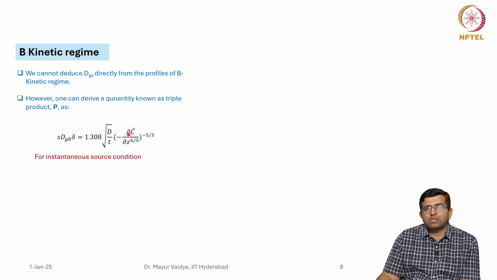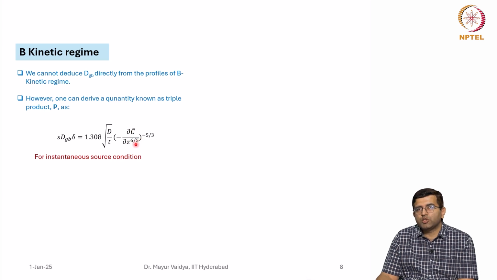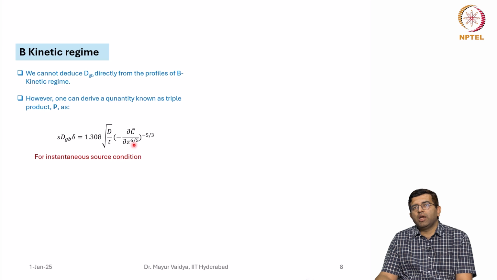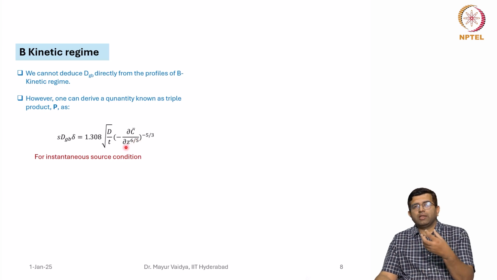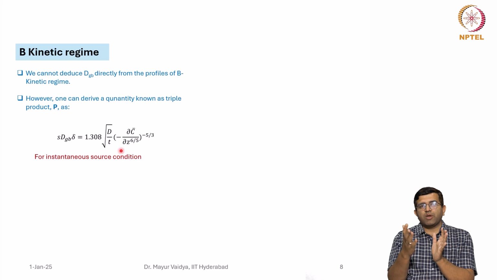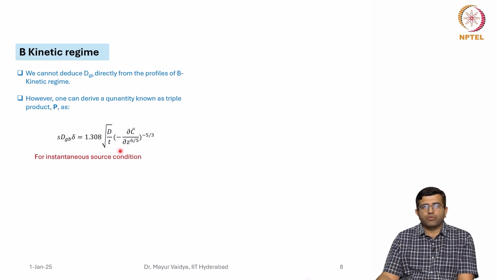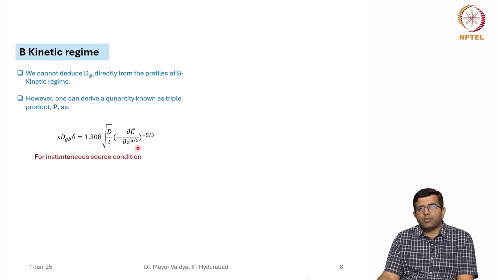Remember, it depends not on the slope of z square versus c, but on c bar versus z to the power 6 by 5. So, in the case of the grain boundary diffusion coefficient, here the z to the power 6 by 5 variation is observed. Again, these are more empirical relations than having a real physical meaning.